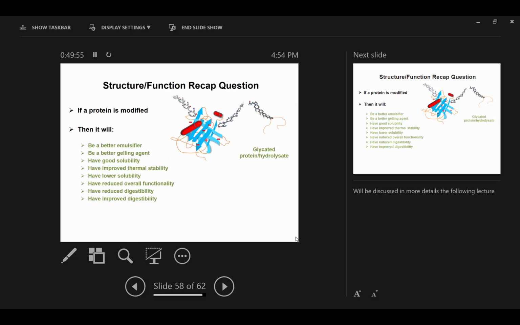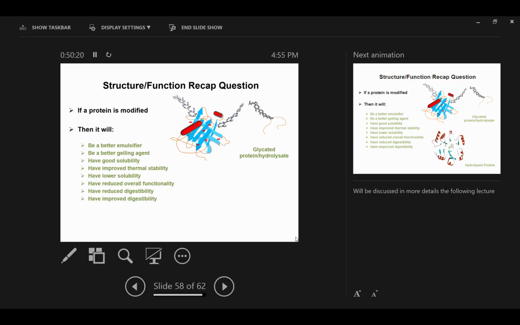To wrap up, just a wrap-up question. If a protein is modified, in this case, glycated protein or glycated hydrolysate, what do you expect to happen? Peter.